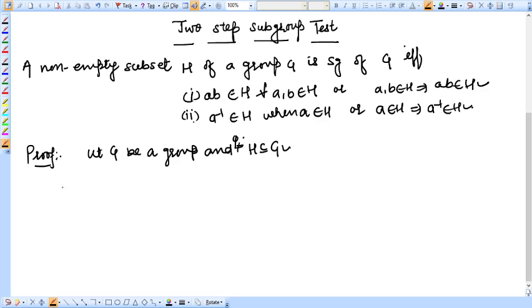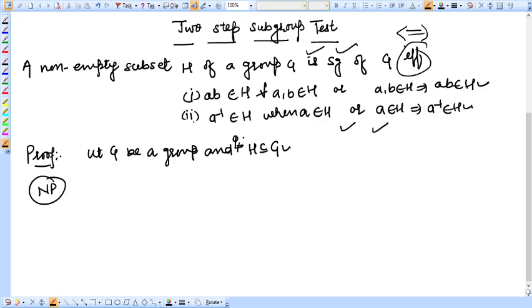So first thing first, the necessary part, because we have an if and only if statement. So firstly we are going to assume this statement and prove the other. In the sufficient part we are going to prove the initial statement.